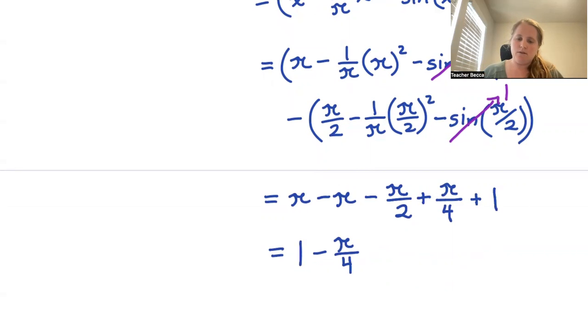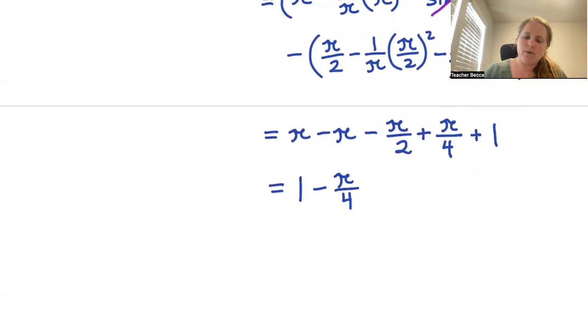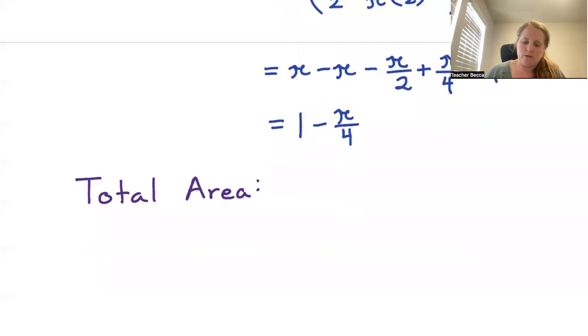So from here, we go into our total area. So the total area, we would just do region 1 plus region 2.